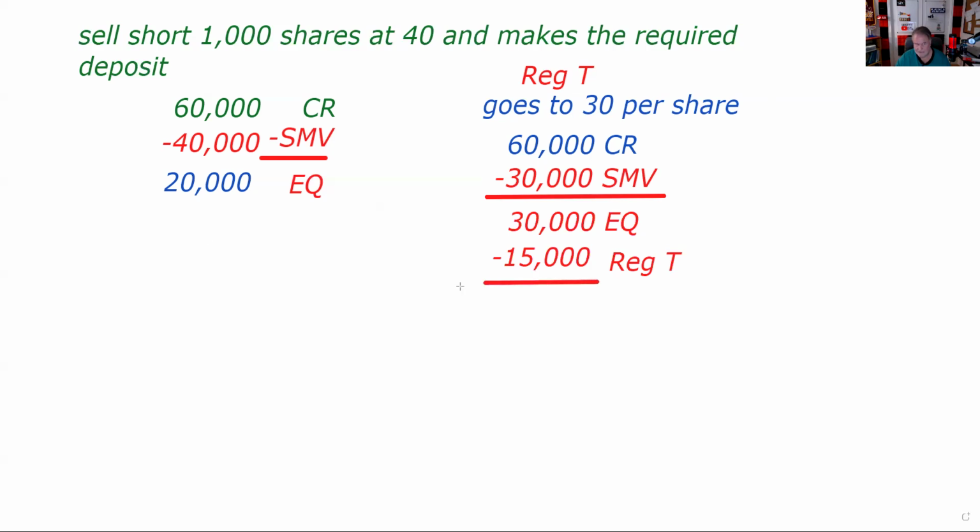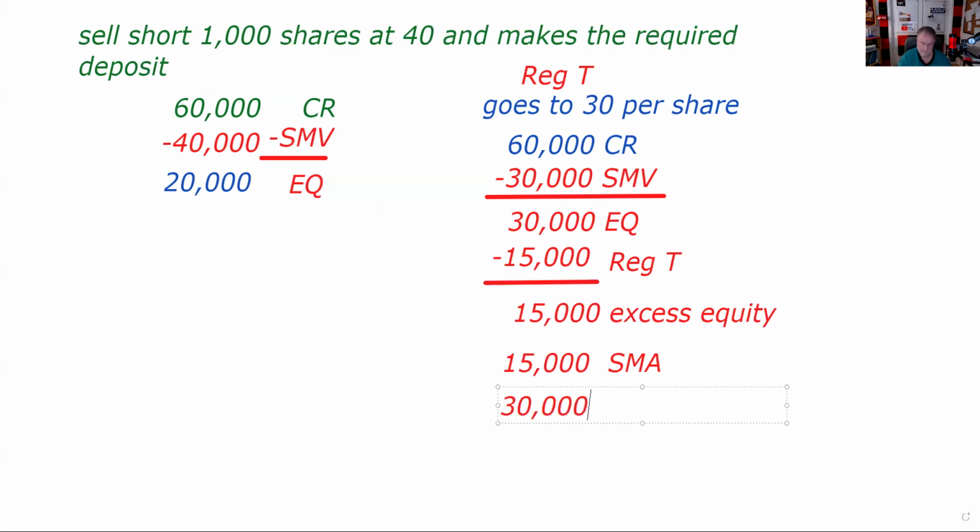You have $15,000 more than you need. You can have that as cash, or you can sell short additional securities. And you say, do I have to do anything today? I say, nope. I'm going to make a special memorandum to your account. Then today, you had 15,000. And with 15,000, you have 30,000 in selling power.